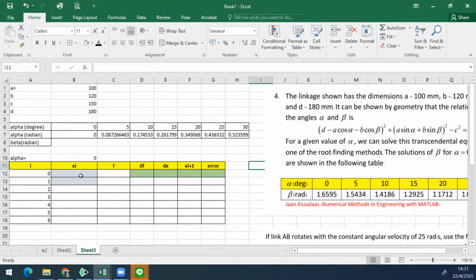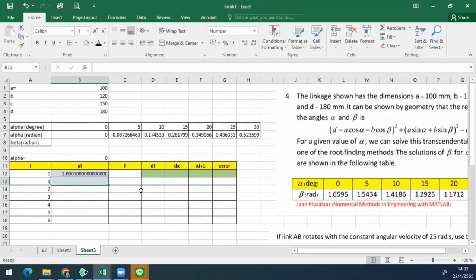We don't know xi, so we approximate it to be 1, and the second guess 1.1. We guess two initial guesses, right? This is an open method, so the two initial guesses are not necessary to bracket the root.